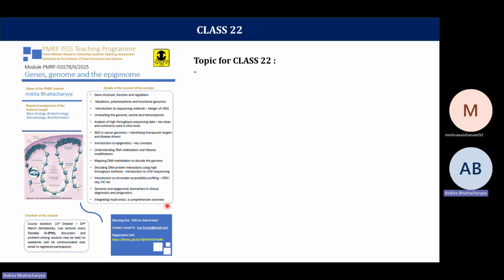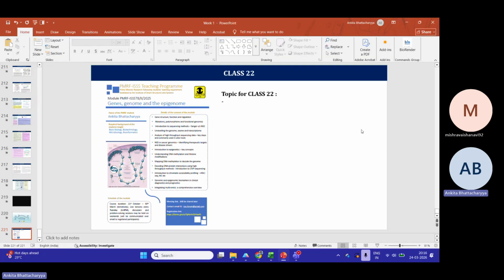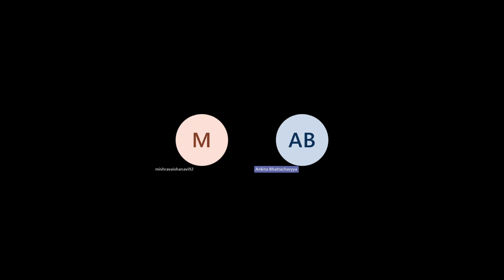So in the next 2 or 3 classes, we'll finish these remaining topics. And in the final class, we'll have our discussion and a quick questionnaire. It's not really going to be that formal. But yeah, it'll be a summary of the entire course. So anything you wish to discuss in the last class or in the coming classes, please let me know.